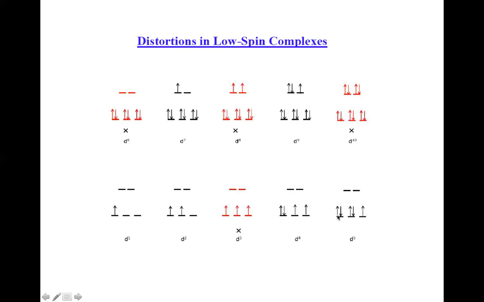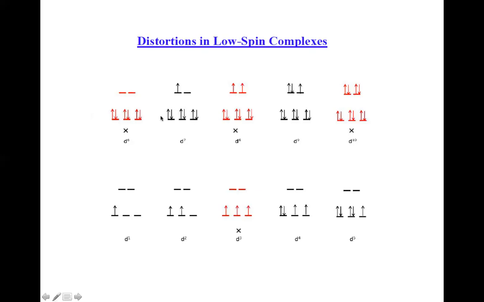The d5 in low spin complexes is also asymmetric, so distortion will be there. Now this is d6 in a low spin complex. All 6 electrons will be paired up in the t2g level. So it is a symmetric set of orbitals, so no distortion.